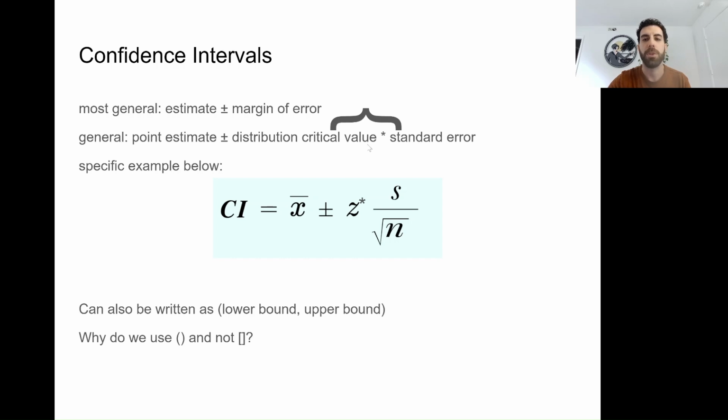Well, it's your distribution's critical value, which we're going to talk about, like in that first example, multiplied by your standard error. And this is a specific example of a type of confidence interval for X-bar.